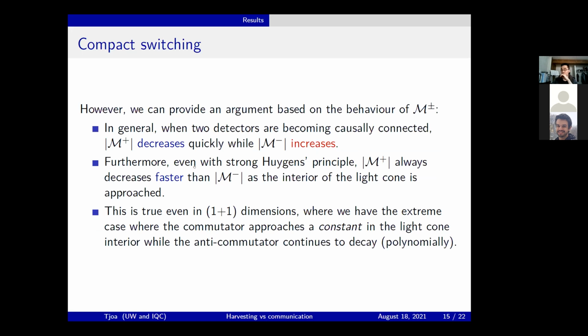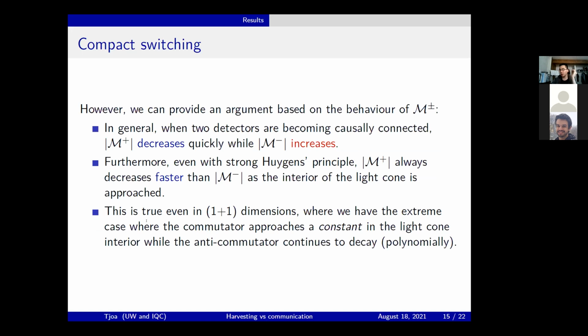And even with the strong Huygens principle, with or without, as you can see in the 3+1 and 2+1 dimensional representatives, the M plus and M minus always decrease faster as the light cone interior is approached. Of course, my result has been using Gaussian switching because that's where convenient results appear.